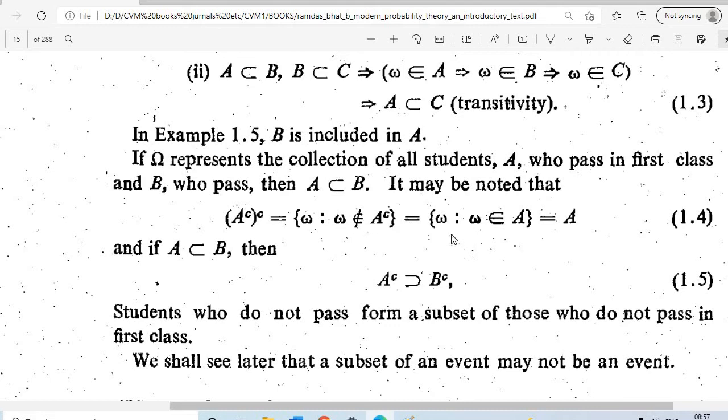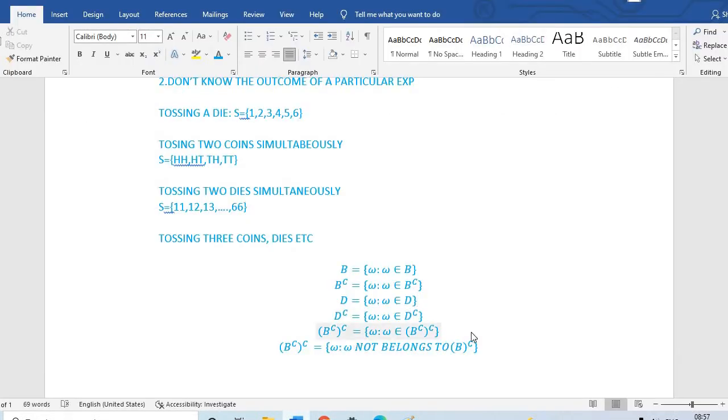That means omega belongs to... if it is not in A complement, where will it be? It will be in A. So omega belongs to the set of all omega; if there is no complement, it means it is in A. Okay, so this is the idea of complementation.